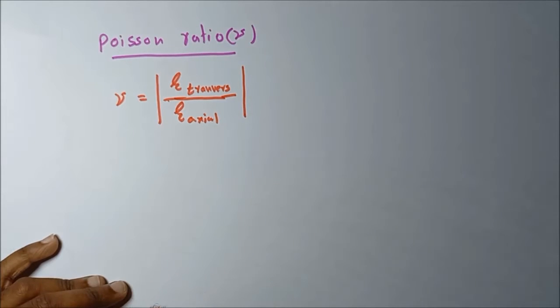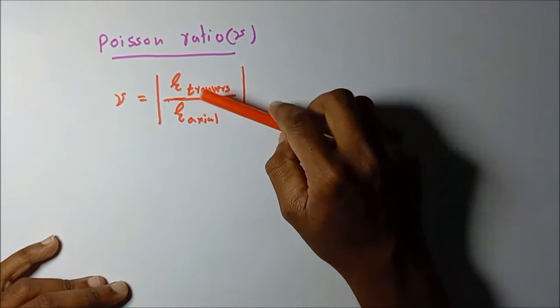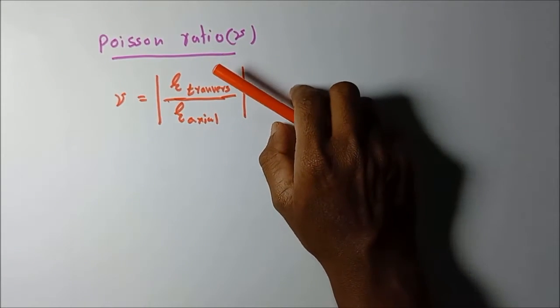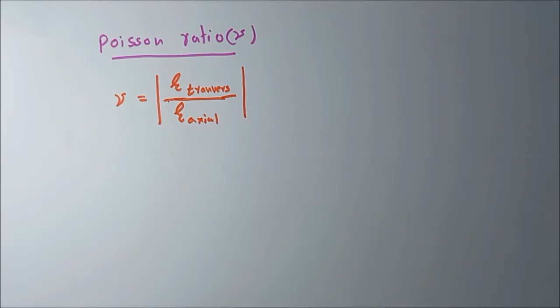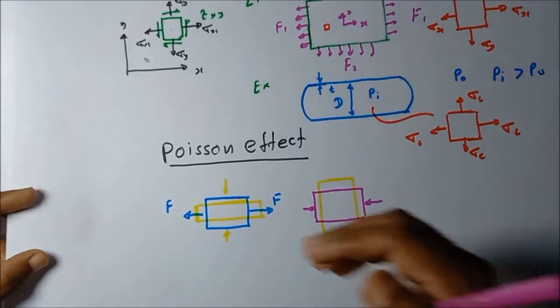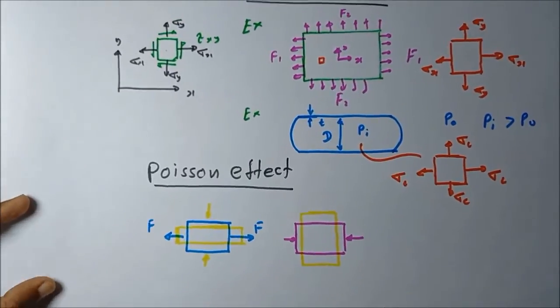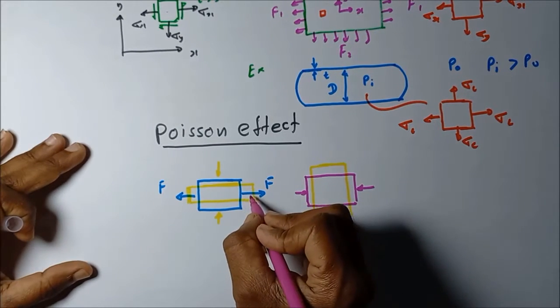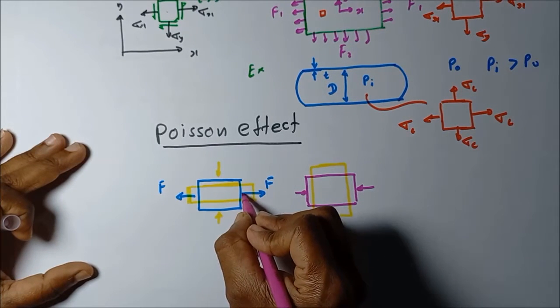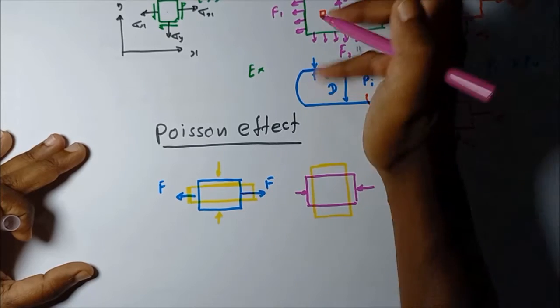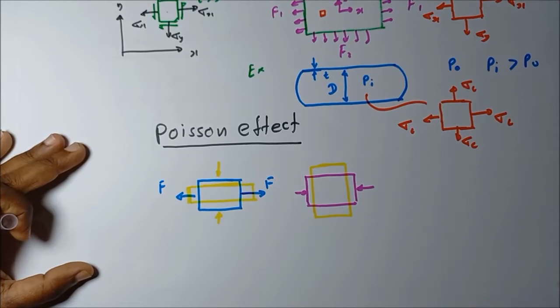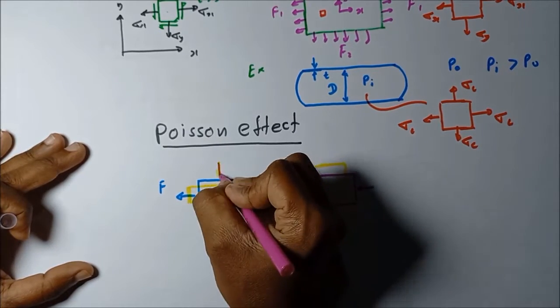Why is there an absolute value? Why are we taking the absolute value here? The Poisson ratio we define as a positive number. But here you can see, when this component is stretched in this direction, there's a contraction in this direction.